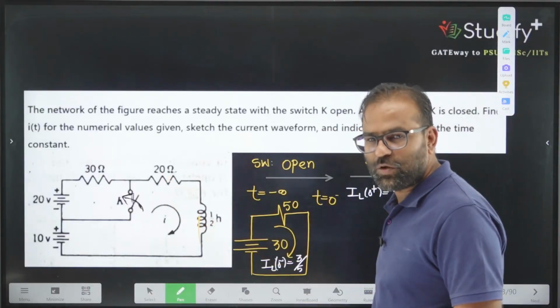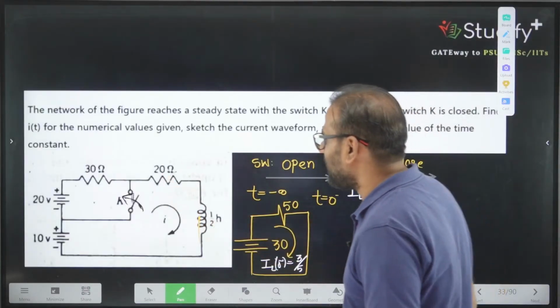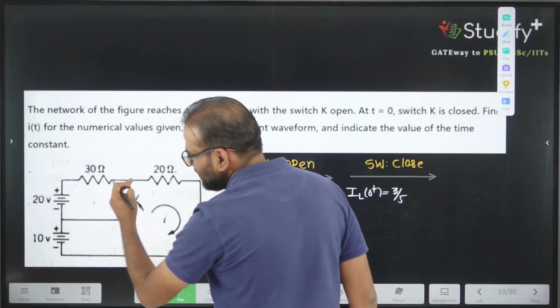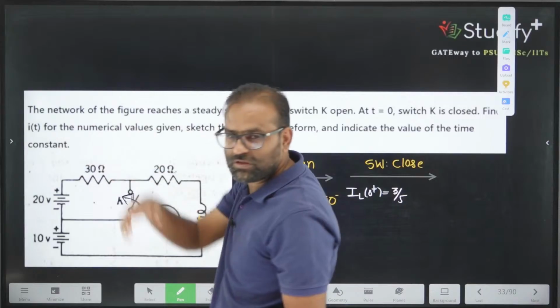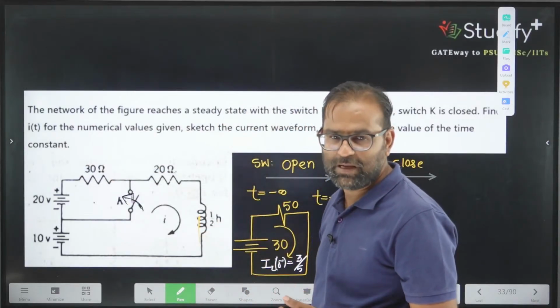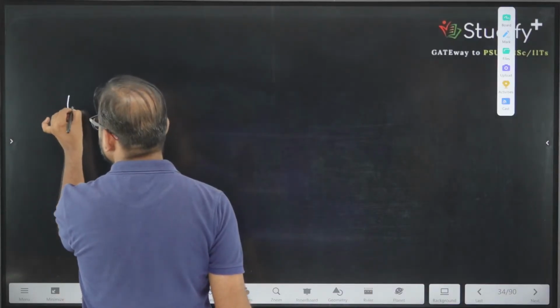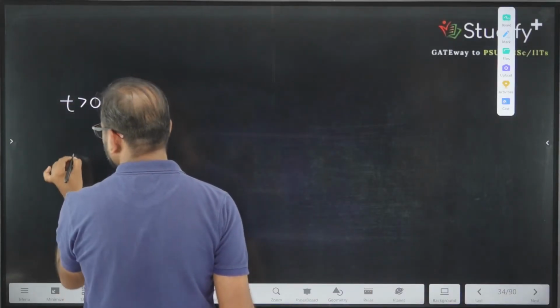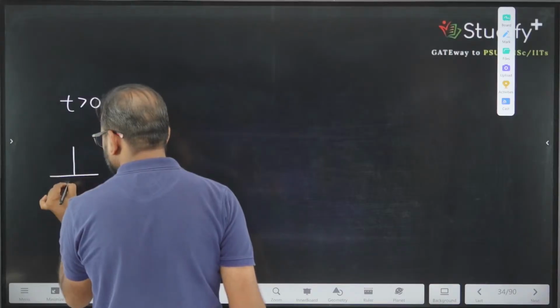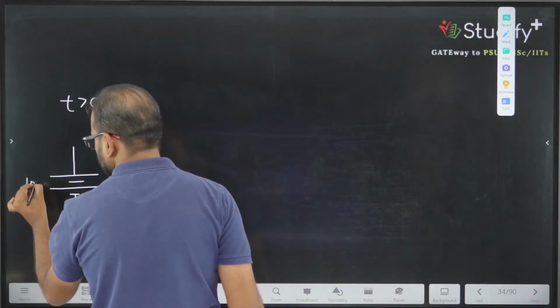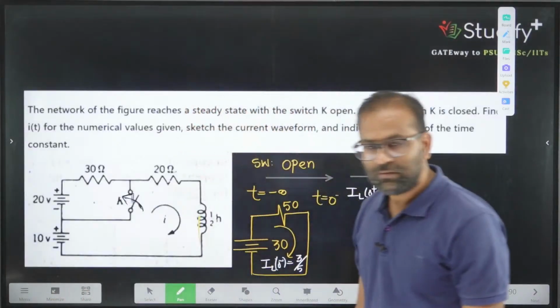Now at t greater than 0, the switch is closed. Let me draw the circuit for t greater than 0. If the switch is closed, there is no meaning of this. The 20 volt will drop across the 30 ohm, so there is no meaning of this path. So for t greater than 0, this value is 10 volt.